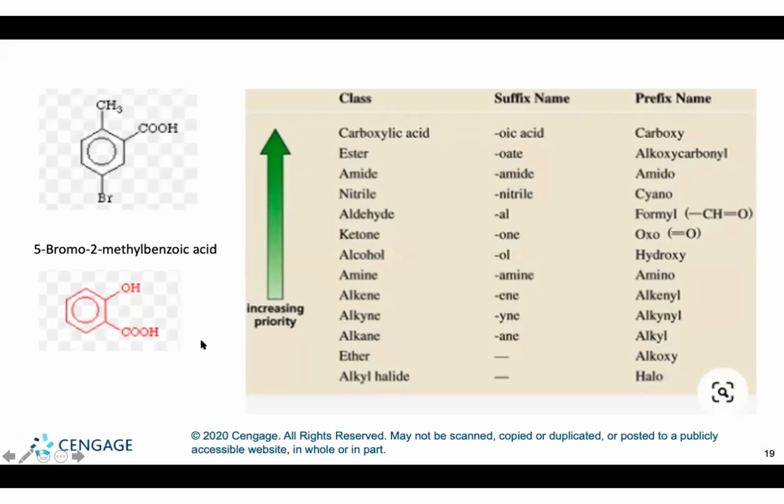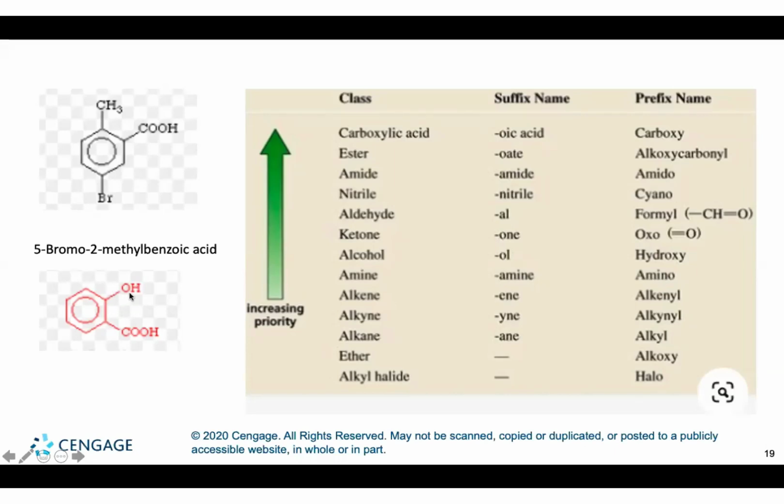What about the second one, guys? Do you think which one is gonna be the most prior group? Again, you're right, COOH here because it's the most prior group in this table. So we're gonna put the number 1 on the carbon that is attached to COOH, and we go counterclockwise.